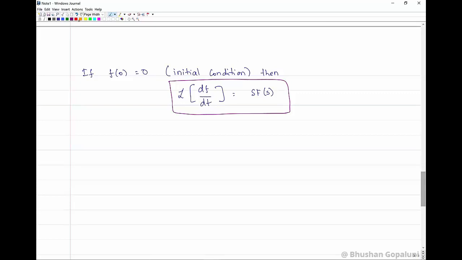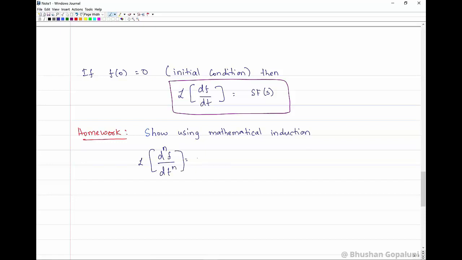You can extend this argument and show using mathematical induction that the nth derivative of any function is an n-dimensional polynomial in the Laplace variable s. It depends on the initial value of the function and also the initial values of higher order derivatives of the function.